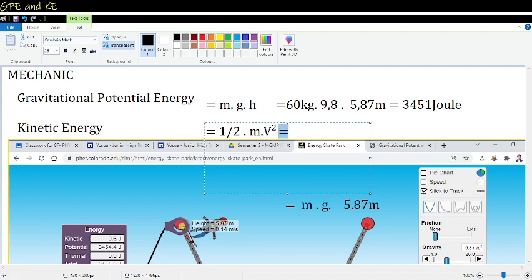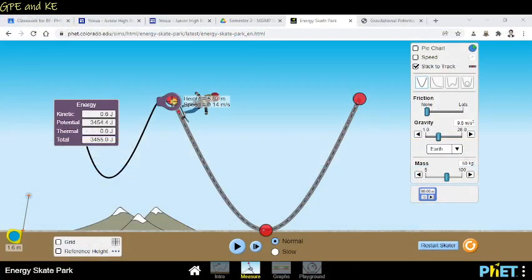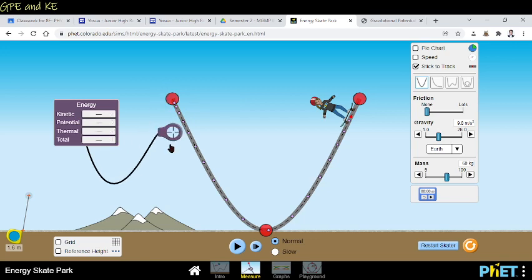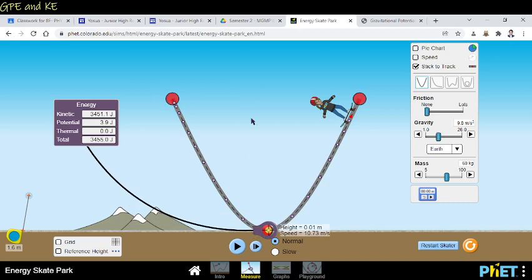Let's play it. At this position, you can see the height is almost zero. The speed is at the top speed. The fastest position is at the bottom, 10.73 meter per second.